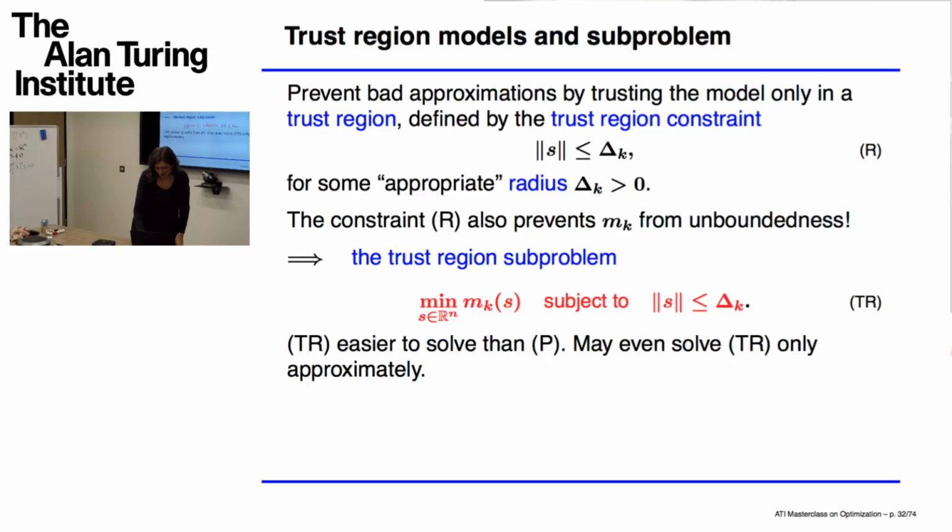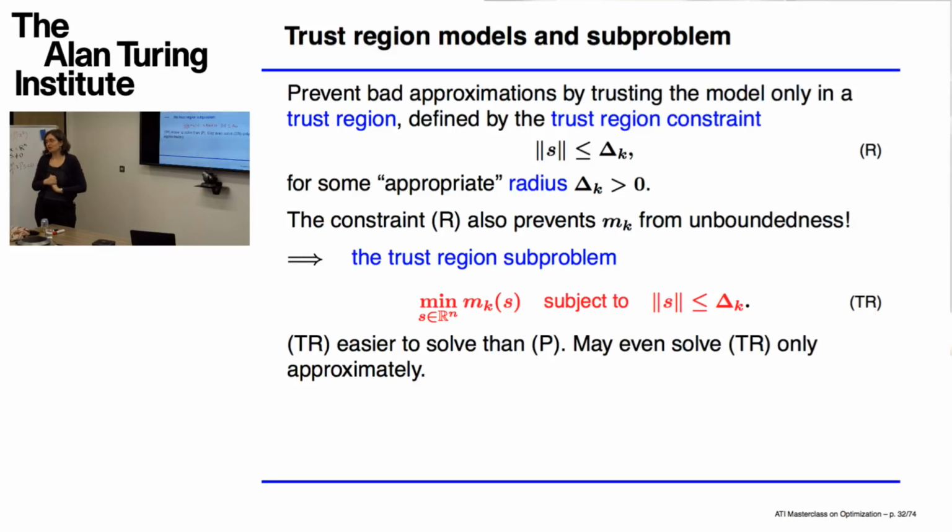And we could even allow approximate solutions of this. So I can always minimize the model. Let's say s_k is the solution, the direction that minimizes this quadratic model subject to this region in which I trust my model.